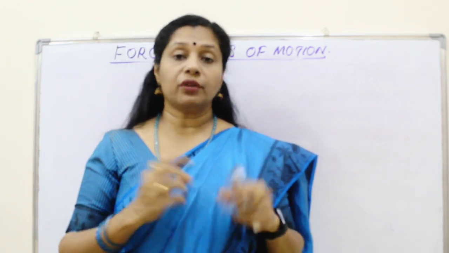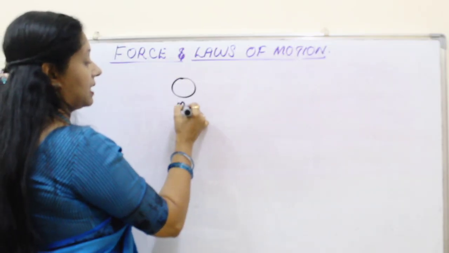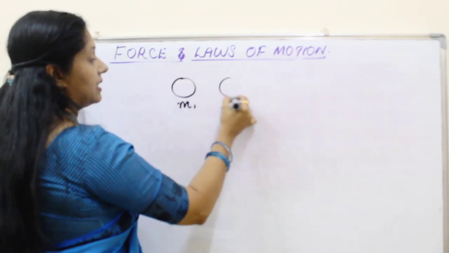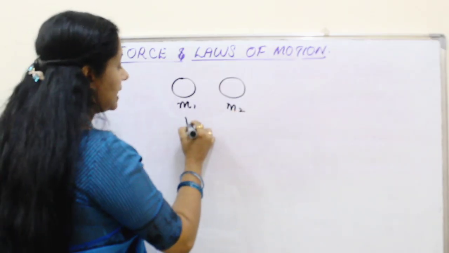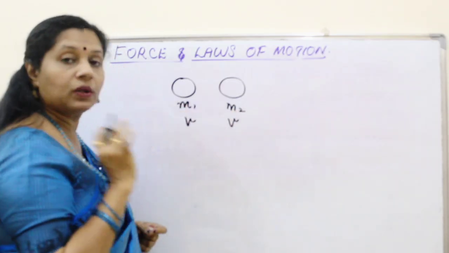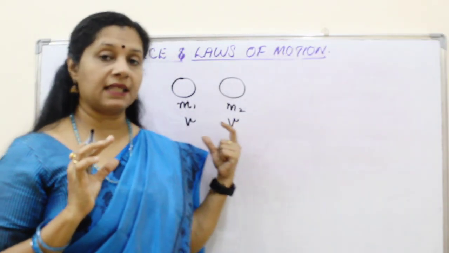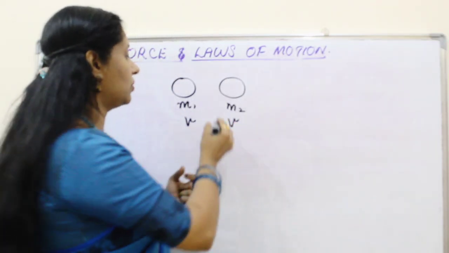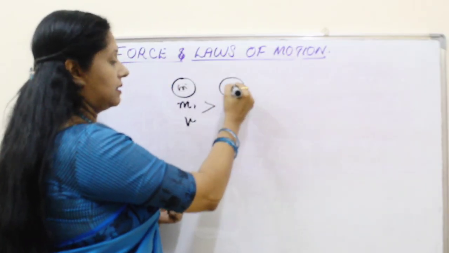We know that the cricket ball is heavier than the tennis ball, which is soft and lighter. Suppose the cricket ball has a mass m1 and the tennis ball has a mass m2, but both are moving with the same velocity v. So m1 of the cricket ball is more than the tennis ball, right?